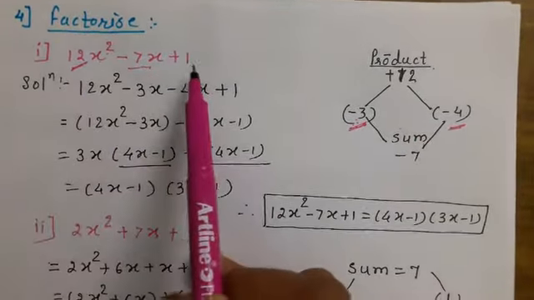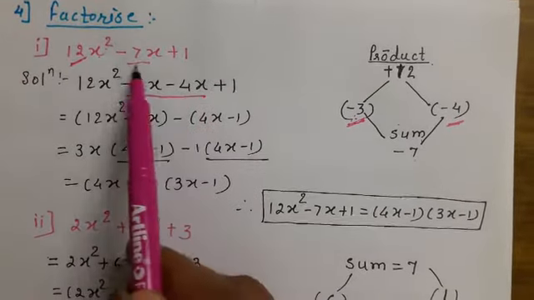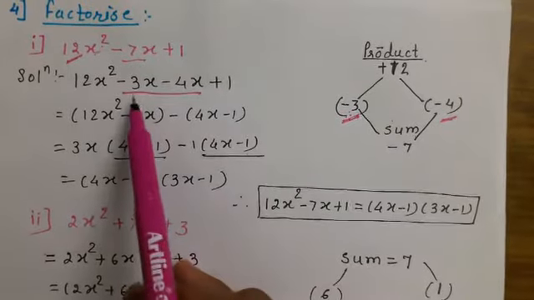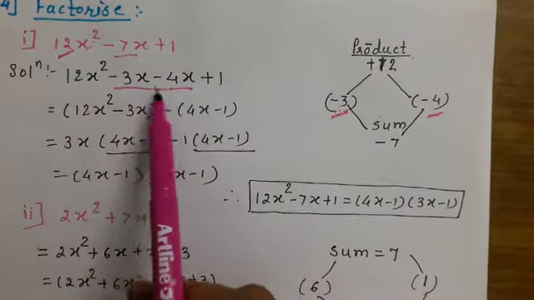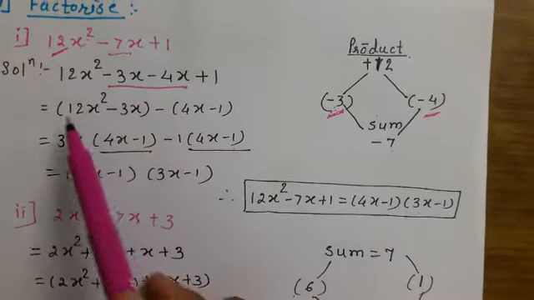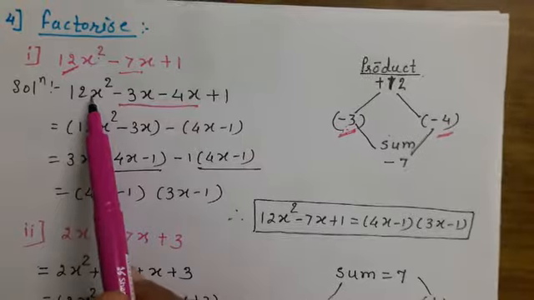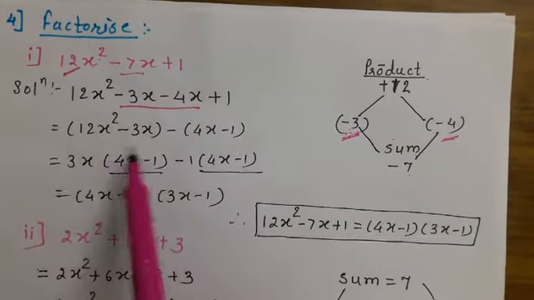Now the first term and last term we have to not disturb, we only have to split up the middle term, that is minus 7x, and these numbers we have to take with x. So 12x square minus 3x minus 4x plus 1. Now what will be the next step? You are finding in this step that 4 terms are there, so we will do the grouping.